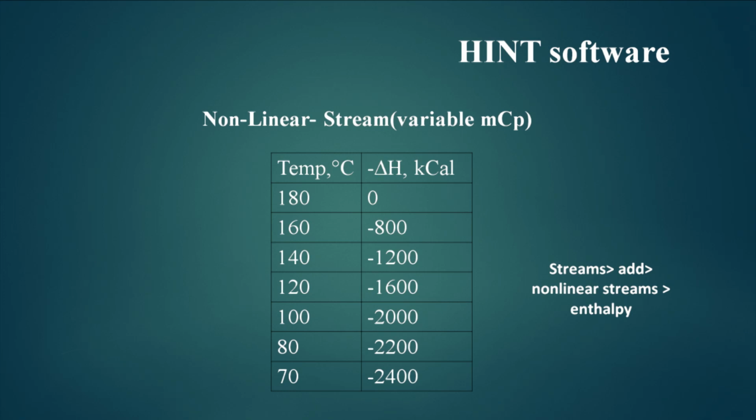Here you see the temperature and enthalpy: at 180 the enthalpy is 0, at 160 the enthalpy is minus 800, and so on and so forth, and the last temperature is 70 where enthalpy is minus 2400. This is data for a hot stream where the temperature is changing from a higher temperature to a lower temperature, and this stream is giving heat to the system, and that is why the enthalpies are negative.